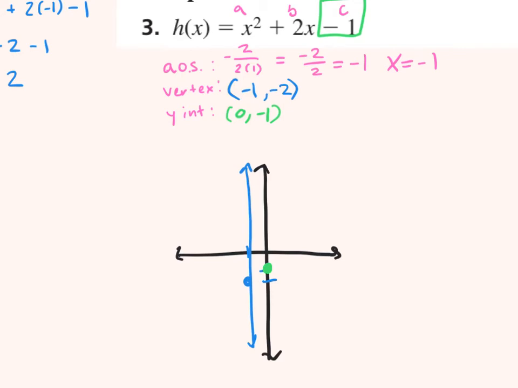So if our y-intercept is one space away from our axis of symmetry on the right side, what does another point on our graph have to be? -2.